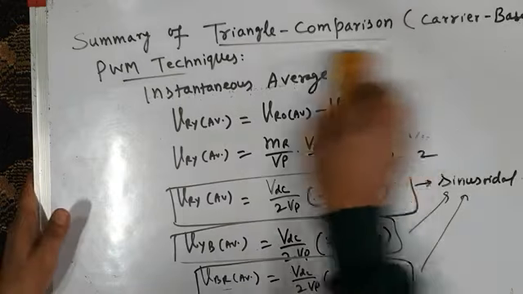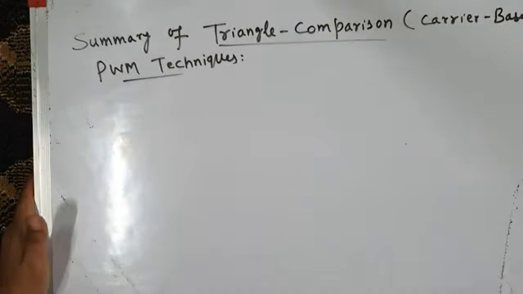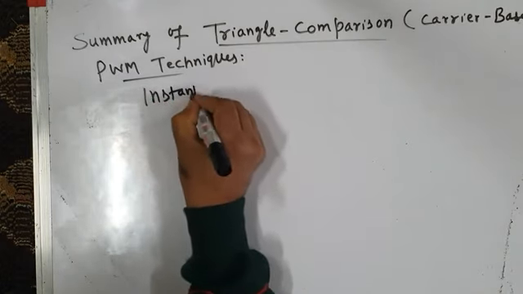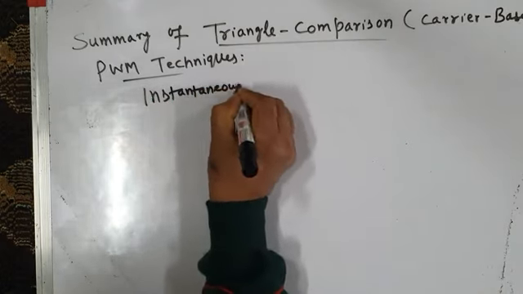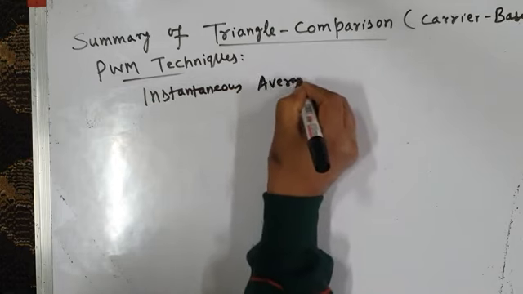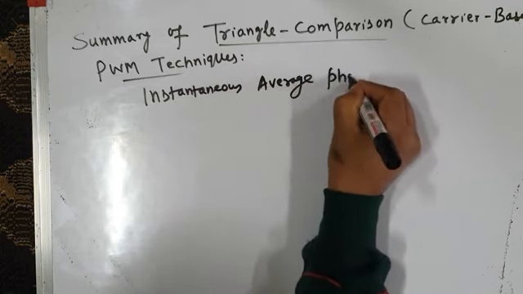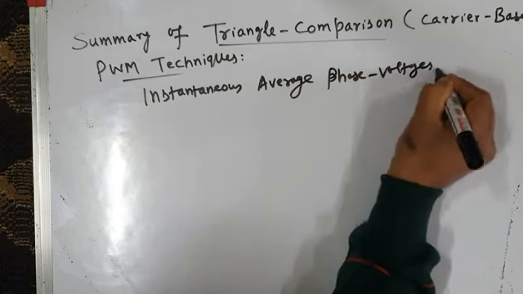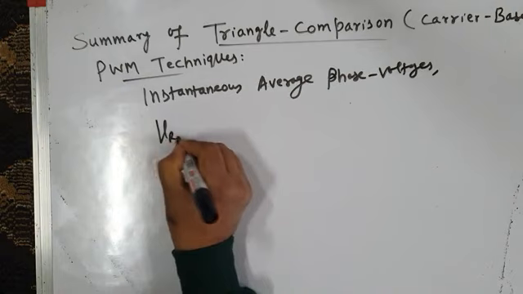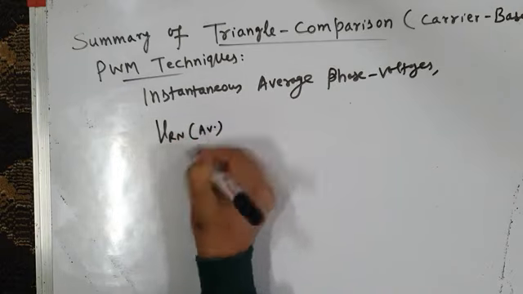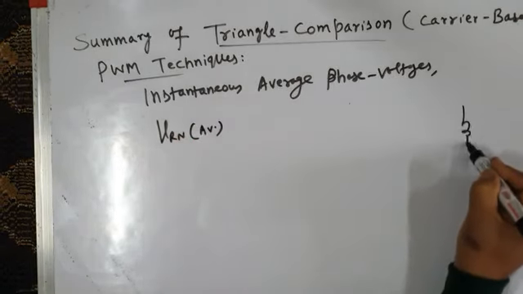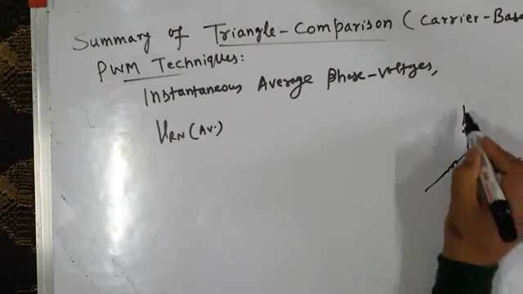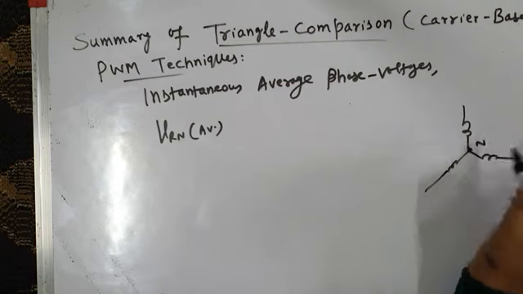What about phase voltages? Let us take one phase voltage, the instantaneous average phase voltage, like VRN average. For example, your load may be like this, and this is the neutral of the load.